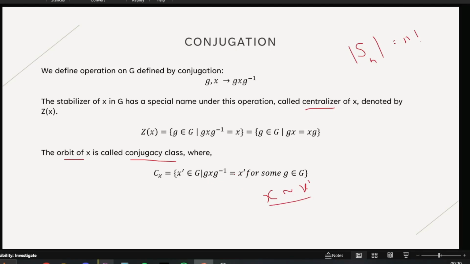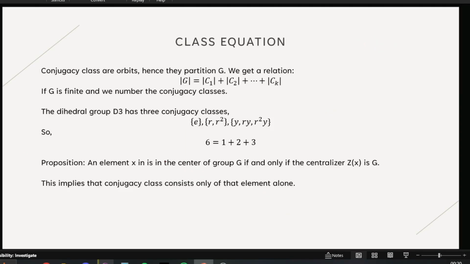So gxg inverse is some other element within the same orbit, or conjugacy class, for some group element g. Conjugacy classes, or orbits, we saw, are equivalence classes that partition the set. So the conjugacy classes will also partition the set G.